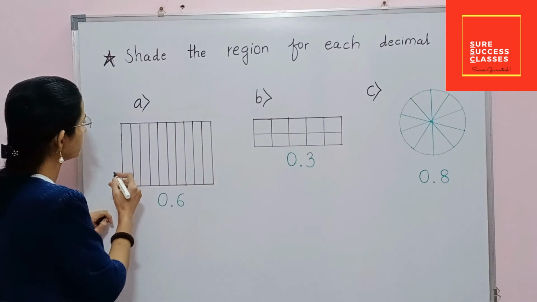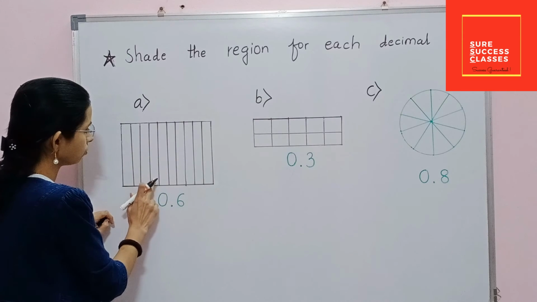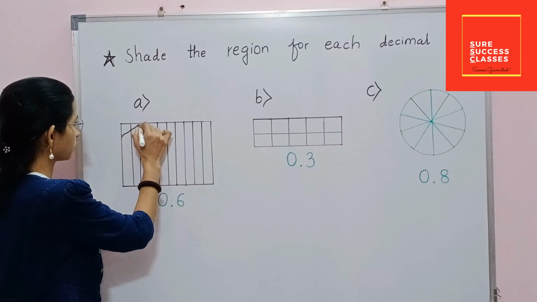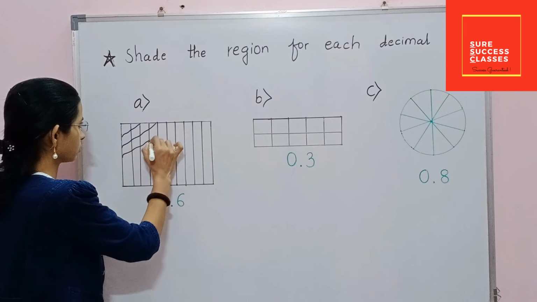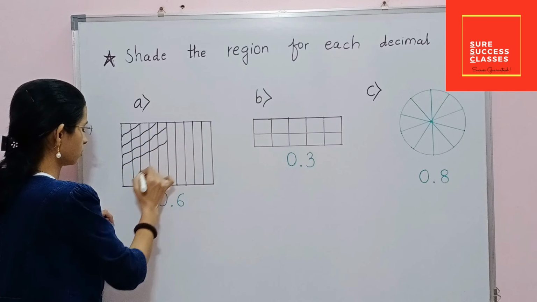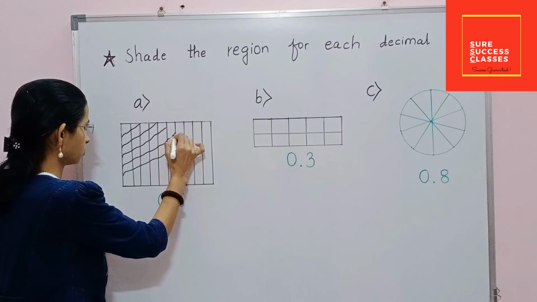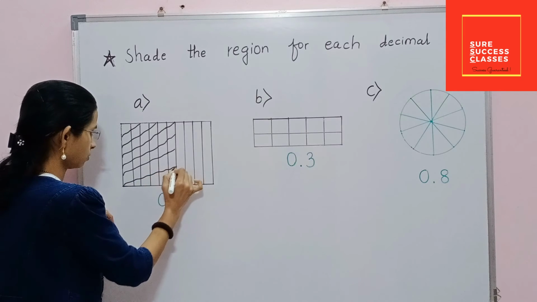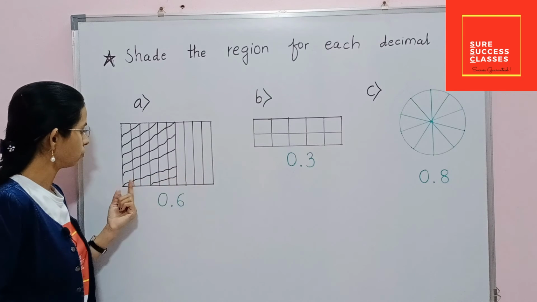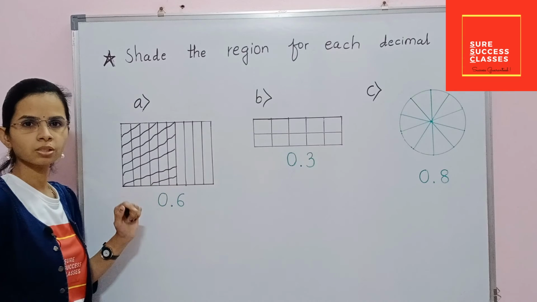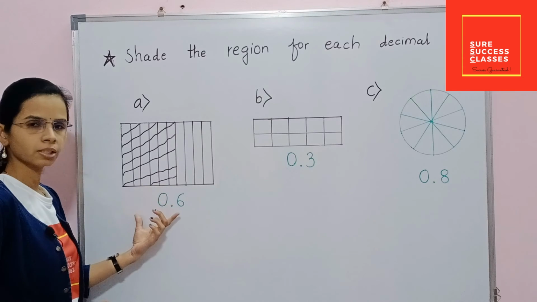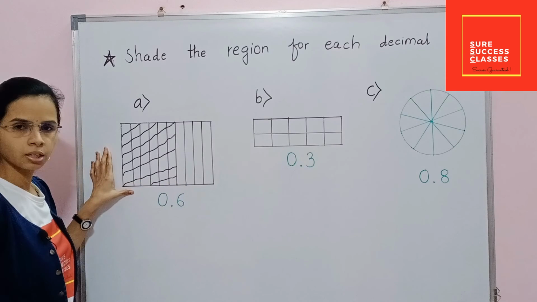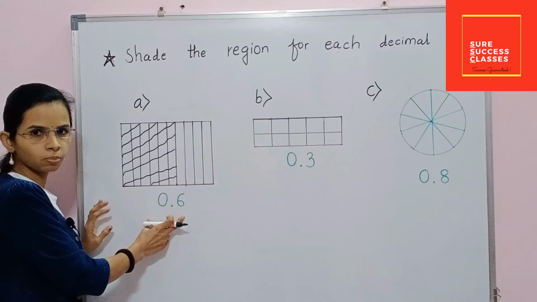So let's shade it. 1, 2, 3, 4, 5, 6 up to this one. We have shaded here 6 parts out of 10 parts. Means this shaded part denotes the decimal 0.6.